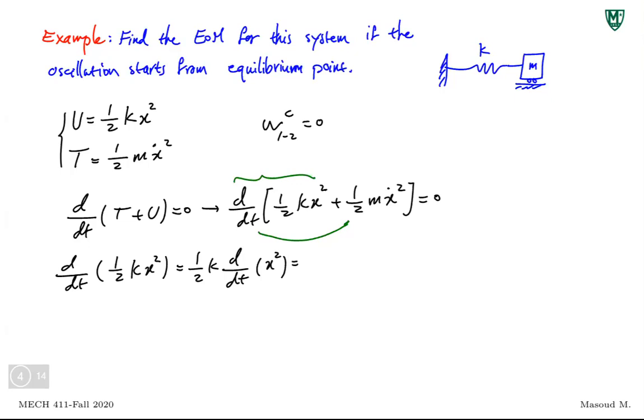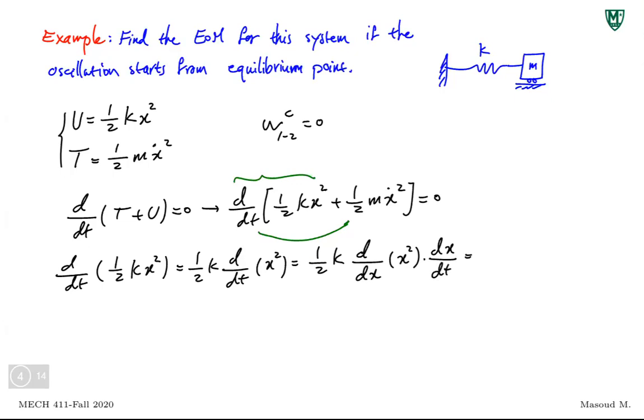Now since x is a function of time, it's much easier if I just use the chain rule. 1 over 2k, I can say I'm taking the derivative as d dx of x squared times dx dt.